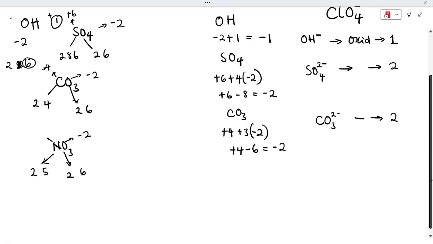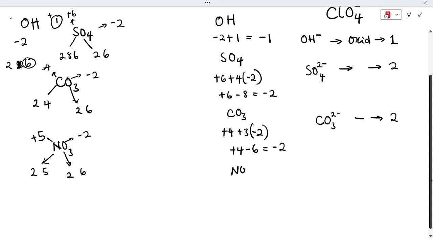Because oxygen wants to gain 2 electrons, it is -2. And nitrogen has to lose all of its electrons, so the oxidation number is 5. Since it's losing, that's +5.